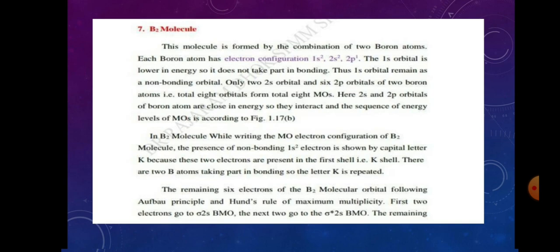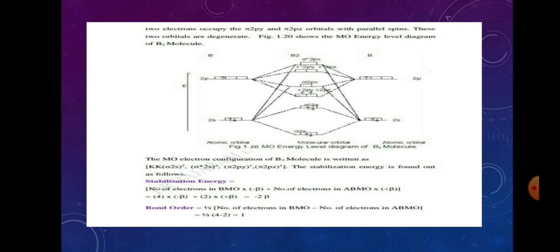The remaining 6 electrons of the B2 molecule follow the Aufbau principle and Hund's rule of maximum multiplicity. First 2 electrons go to the sigma 2s bonding molecular orbital and the next 2 electrons go to the sigma star 2s molecular orbital. The remaining 2 electrons occupy pi 2py and pi 2pz orbitals with parallel spin.